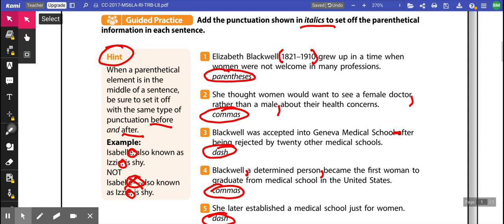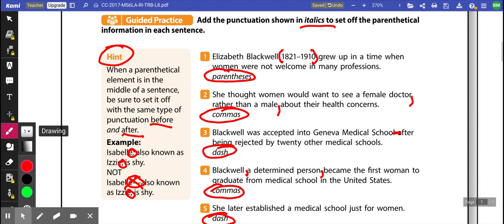Okay. All right. And then our last one, she later established a medical school just for women. I could put a period after she established a medical school, but to add for emphasis, we've added the just for women, so we're going to use the dash.